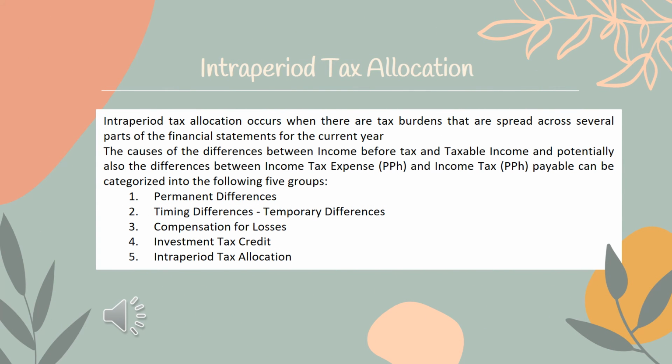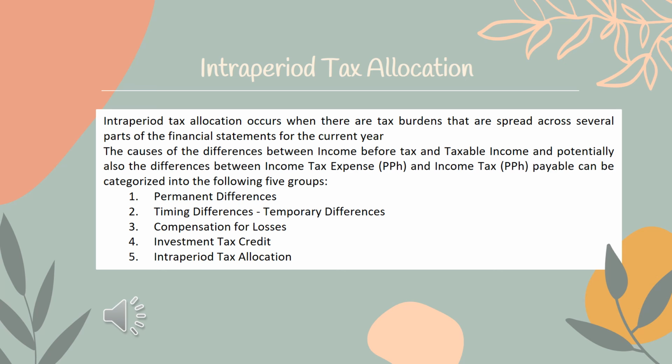The next is intra-period tax allocation. Intra-period tax allocation occurs when there are tax burdens that are spread across several parts of the financial statements for the current year. The causes of the difference between income before tax and taxable income, and potentially also the difference between income tax expense and income tax payable, can be categorized into the following 5 groups.